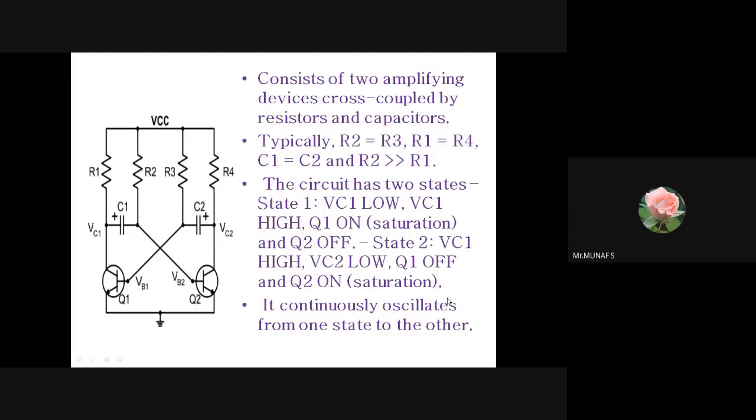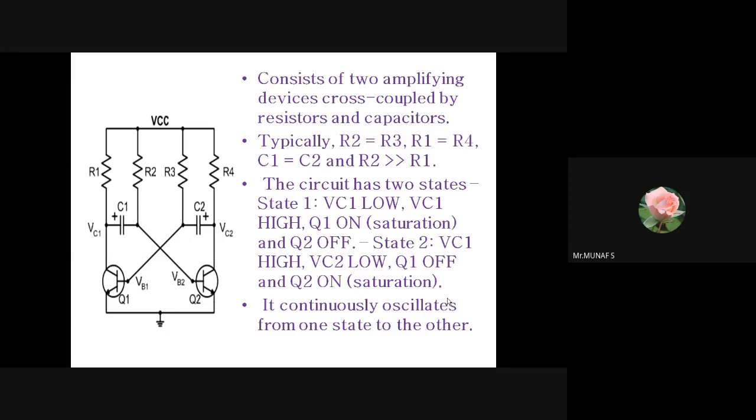This is a cross-coupled astable multivibrator. In this circuit, the identical transistors Q1 and Q2 are known as amplifiers, and the cross-coupled amplifier connections are obtained by R4 and C2, R1 and C1. Here, R1 and R4 are of equal value, R2 and R3 are of equal value, and C1 and C2 are selected as equal value.